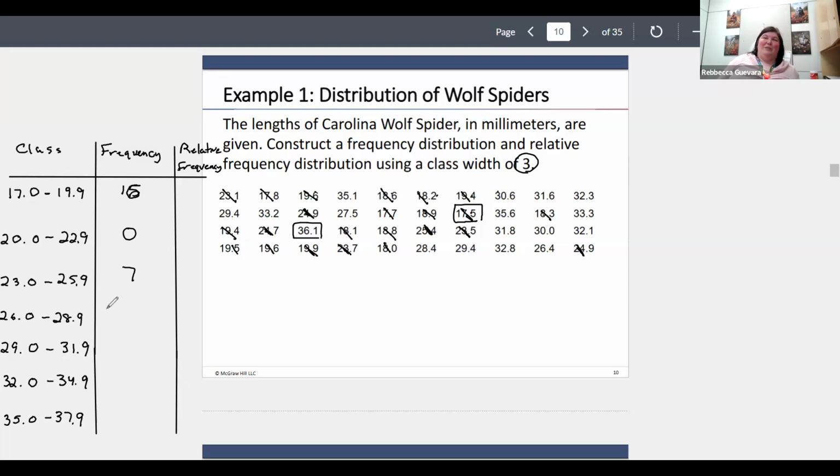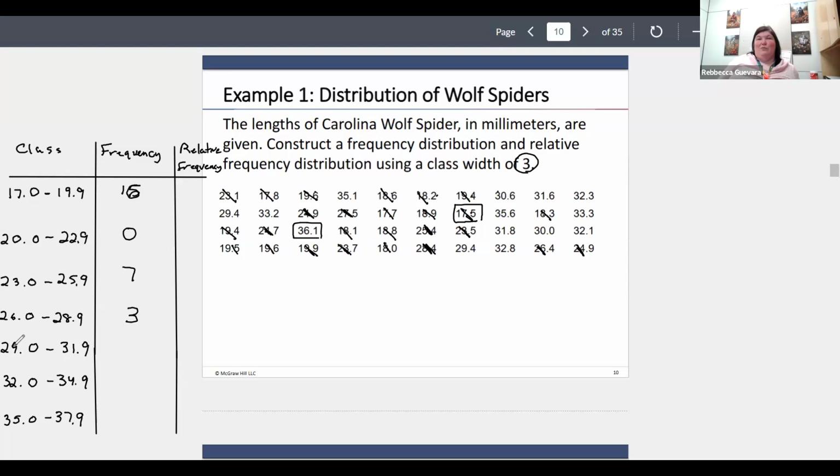Between 26 and 28.9, go through and you just count again. So we definitely have 1 here, 2. Where's my class in? Not that one. 2, 3, I believe.